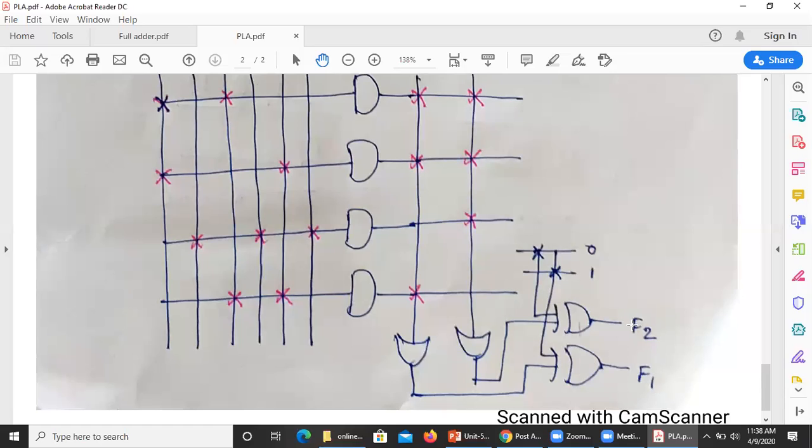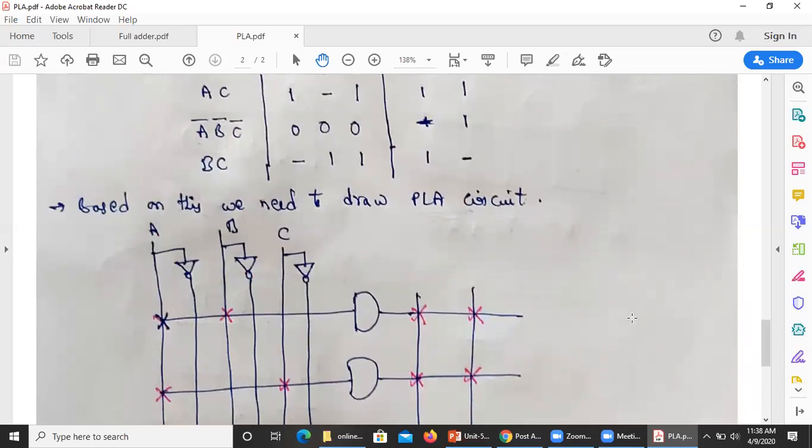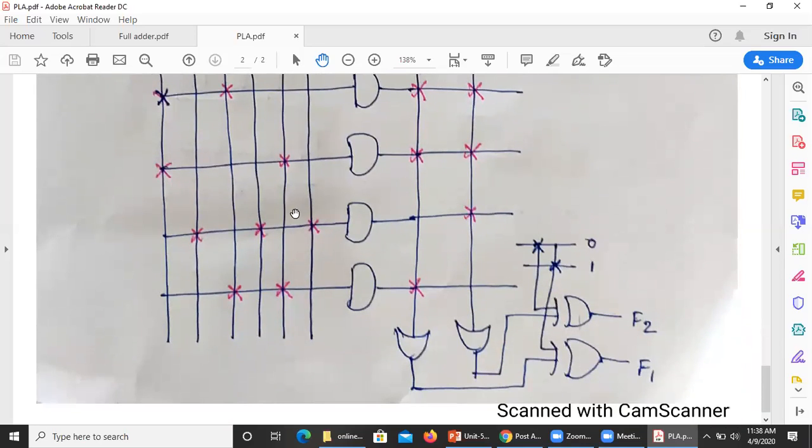Next, if you want to get F2, it is in the true form. That's why we are connecting that to 0. Connecting this to 0 means F2 is in the true form and F1 is in the complemented form. Like this, we need to draw the PLA diagram. It is a programmable AND logic and also programmable OR logic.